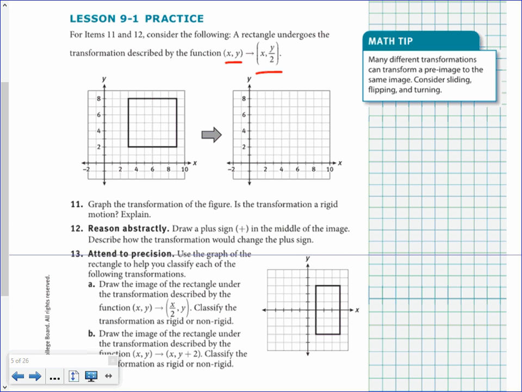So I'm going to start off by looking at the bottom left corner. That point is (3, 2). If I apply the mapping transformation, (3, 2) is going to go to (3, 2 divided by 2), which is (3, 1).